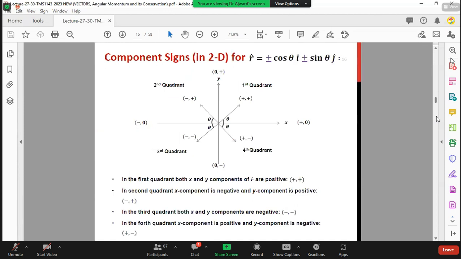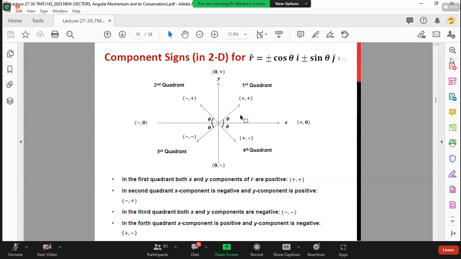And also you can represent a vector here using R hat notation. For example, in 2D, maybe I should have put the vector.